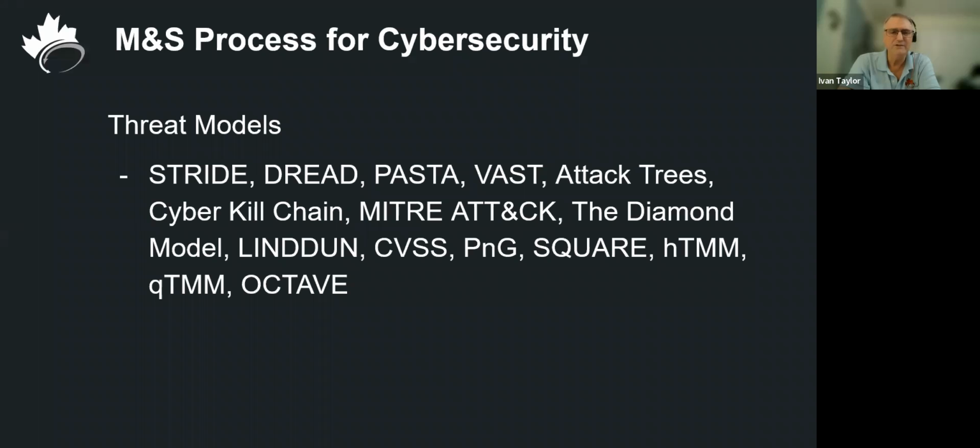The S stands for spoofing, the T stands for tampering, the R stands for repudiation, the I stands for information disclosure, the D stands for denial of service, and the E stands for elevation of privilege. So you can see that these are many different types of threats that are considered in the STRIDE model. But there are other models that you could use.